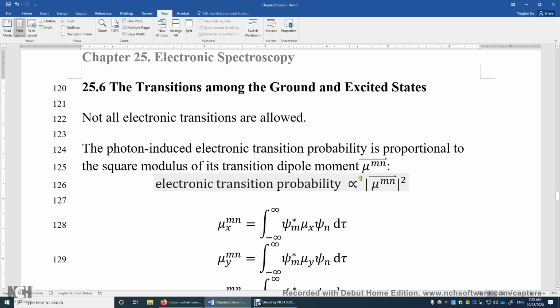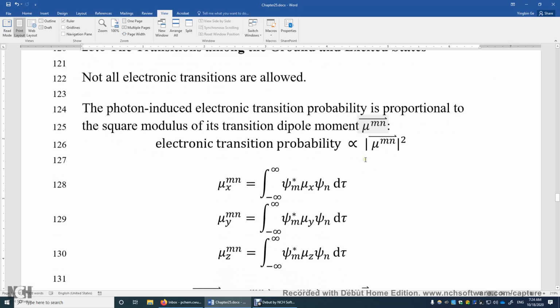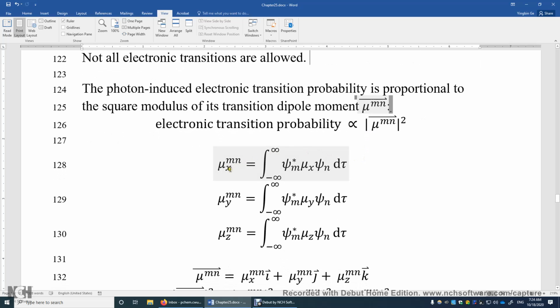So again, this is the equation. The electronic transition probability is proportional to the squared modulus of a vector. And this vector has 3 components, x, y, and z components. So this is the x component of the transition dipole moment. The integral of psi sub m star.